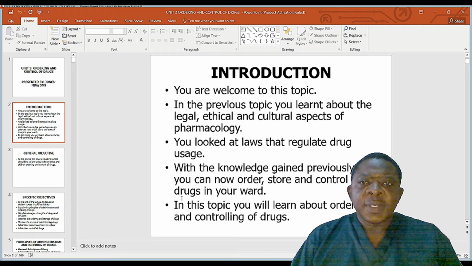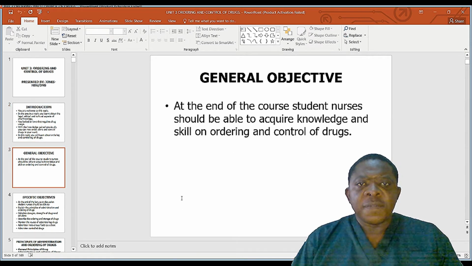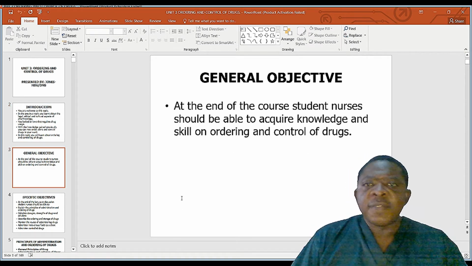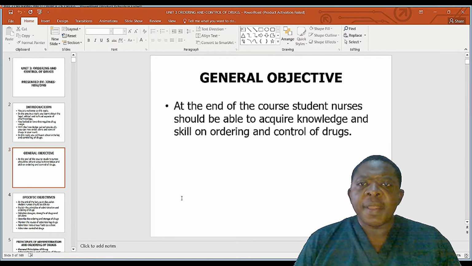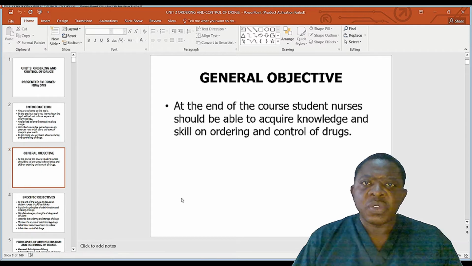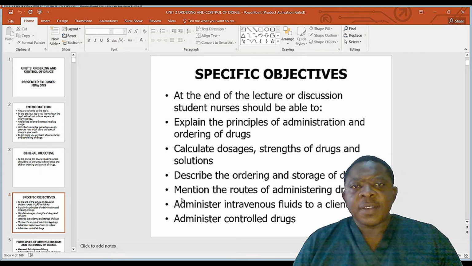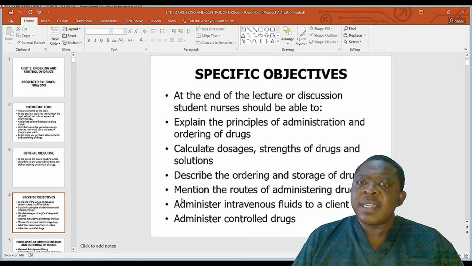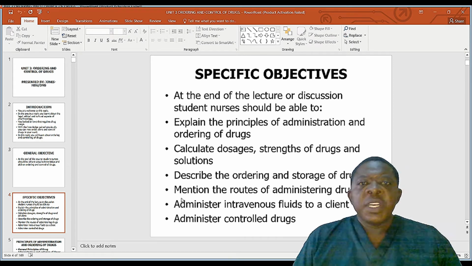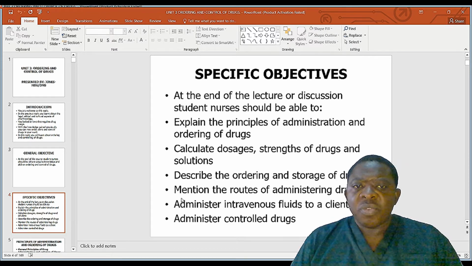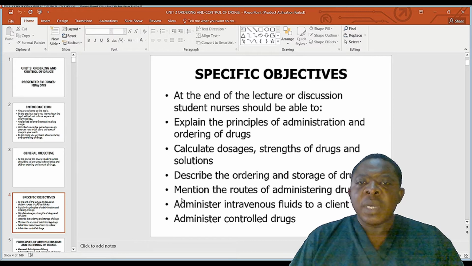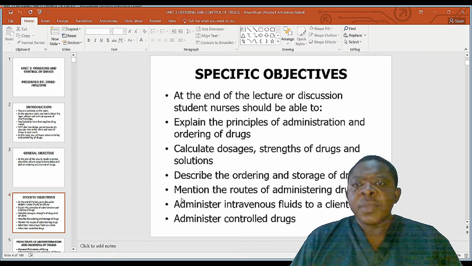The general objective of this lesson is that by the end of this lesson, you should be able to acquire the knowledge and the skills of ordering and control of drugs. The specific objective of this lesson is that at the end of the lecture or discussion, you should be able to explain the principles of administration and ordering drugs, calculate dosages, strengths of drugs, and solutions.